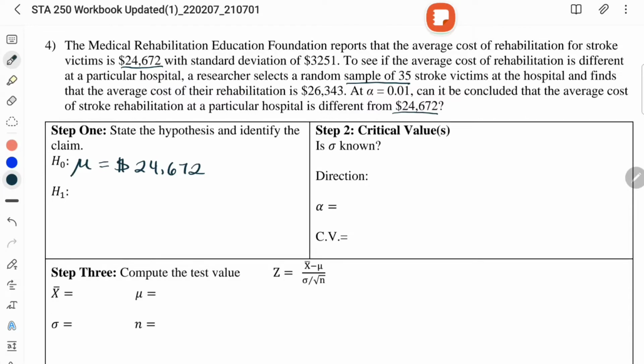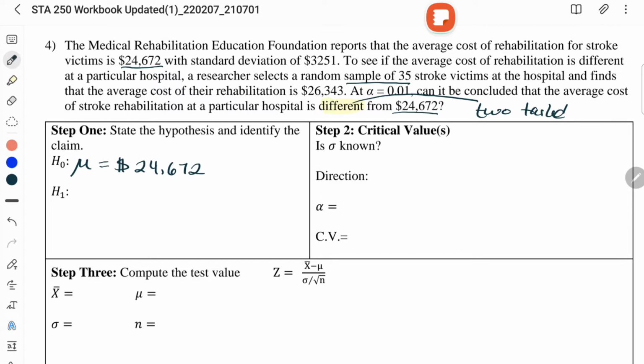Now, if you look at the last sentence, it says, can it be concluded that the average cost of stroke rehabilitation at a particular hospital is different from $24,672? Different does not specify any direction. It can be more, it can be less. So this indicates that it is two-tailed.